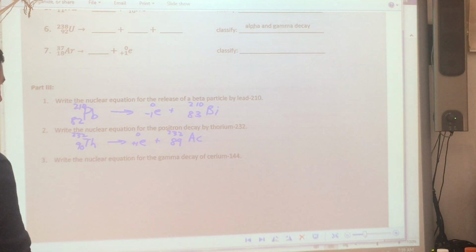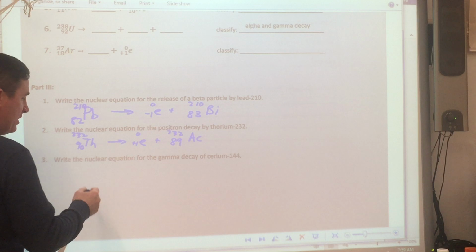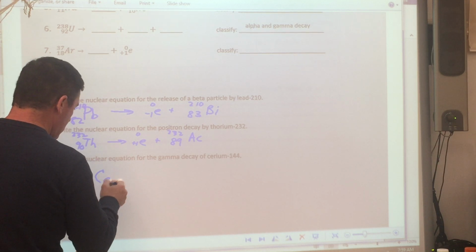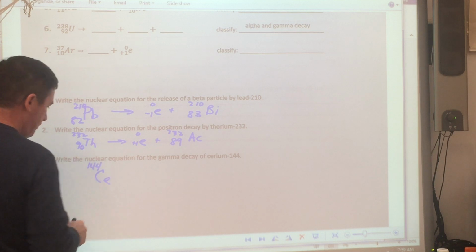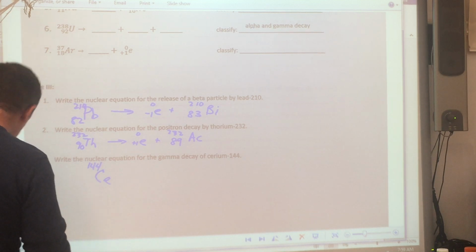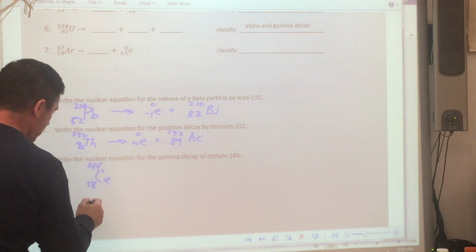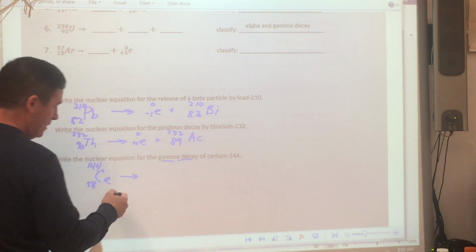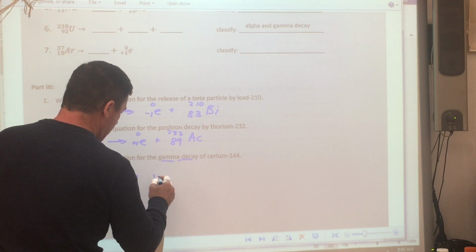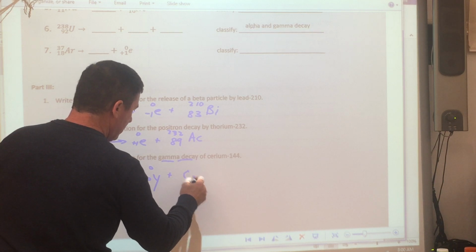Okay? And the last one here, write the nuclear equation for the gamma decay of cerium. Well, cerium is Ce, and Ce has an atomic number of 58. Now, since they only told you it was gamma, then it's just going to be a gamma, and then cerium.